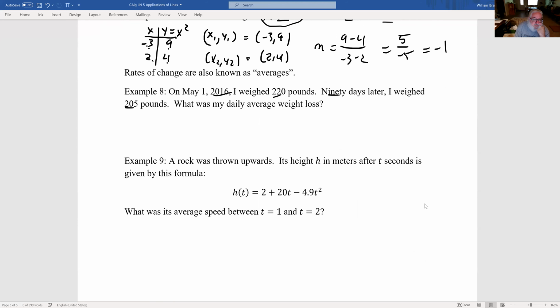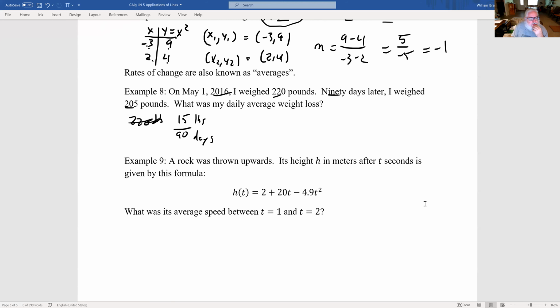Well, I lost, sorry, I lost 15 pounds in 90 days. And you can simplify that a little bit.